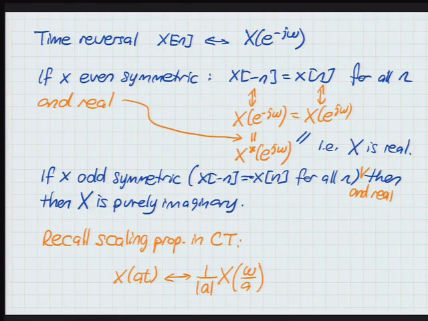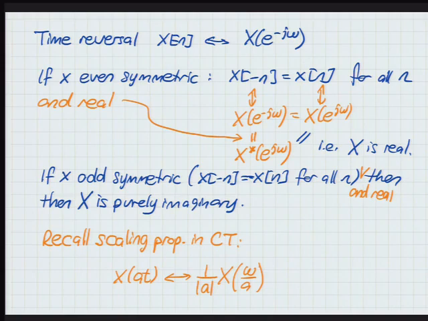Is there anything analogous to compressing? Well, no, you're not sampling anything. I just gave you a sequence. We're not sampling anything yet. It's just a discrete time sequence, but it's integer values.